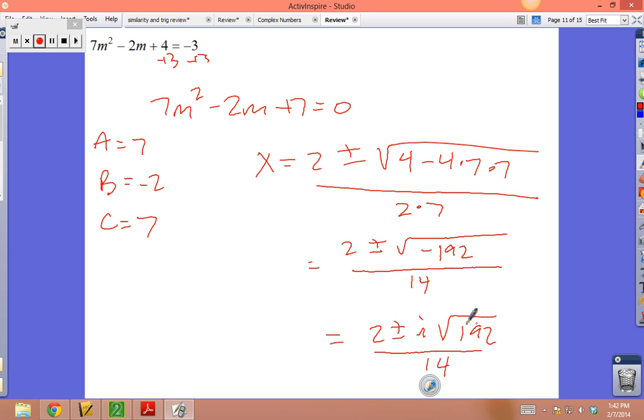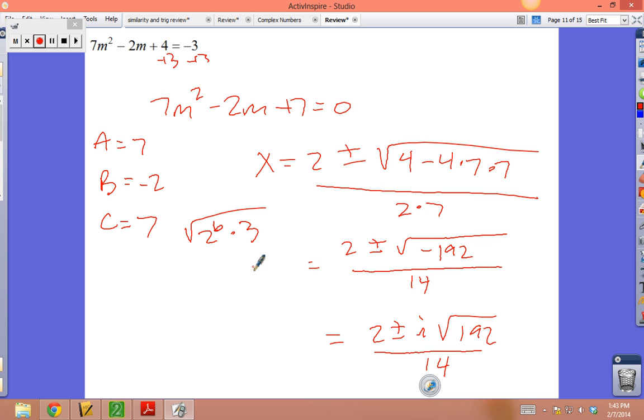And what's 192 factored to its prime factors? Curtis, what's 192 factored? So you're going to change 192 to 2 to the 6th times 3?